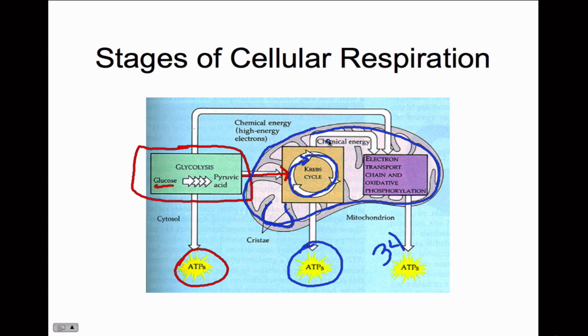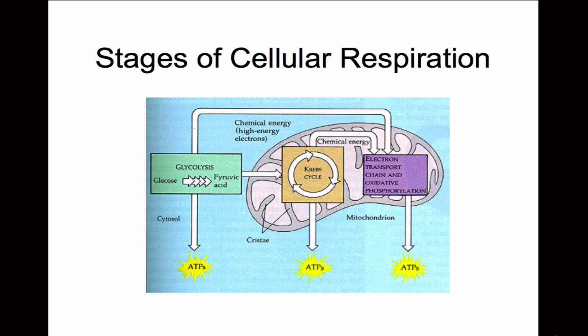What's happening here is that there's a concentration gradient developed with the hydrogen ions, and as they move across the membrane, energy is generated and it's stored in these ATP molecules, which is basically the currency for the cell. ATP is considered the currency of the cell because it is stored energy that the cell can use when it needs it.